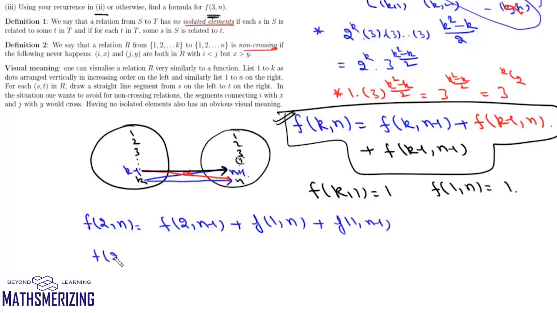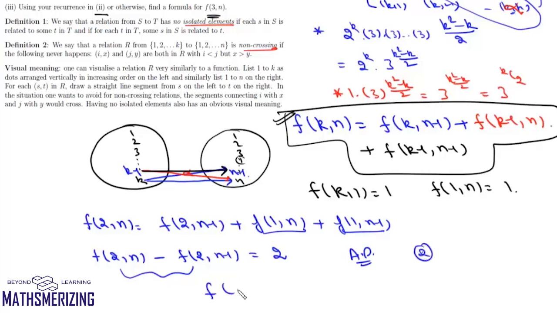Now we can rewrite this as f2n minus f2n minus 1, and this is 1 and this also is 1, so this value will be equal to 2. So that means this sequence is nothing but an arithmetic progression with common difference 2. So this f2n will be simply a plus n minus 1 into d, which is 2n minus 1. So f2n is 2n minus 1.